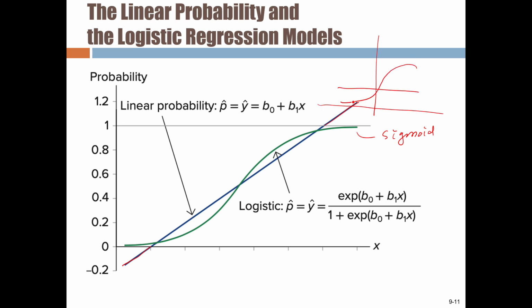So it clearly has a minimum value and also a maximum value here. That's why we can guarantee the form of the line is this shape, so it cannot go above 1 and it cannot go below 0.